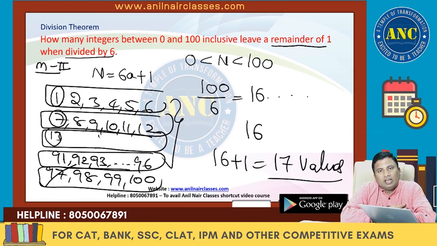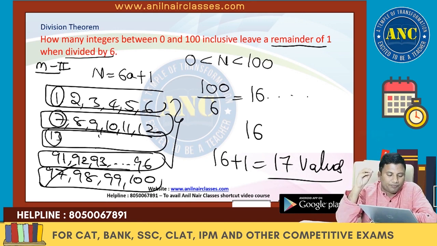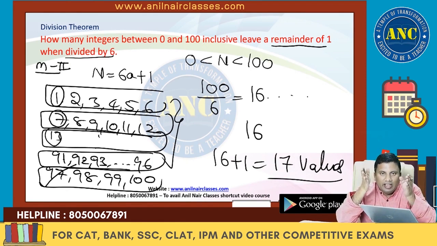How many integers between 0 and 100 leave a remainder of 1 when divided by 6? N is 6a plus 1. 1, 2, 3, 4, 5, 6, right? 7, 8, 9, 10, 12. In a set of every 6 consecutive numbers, there is 1 value.